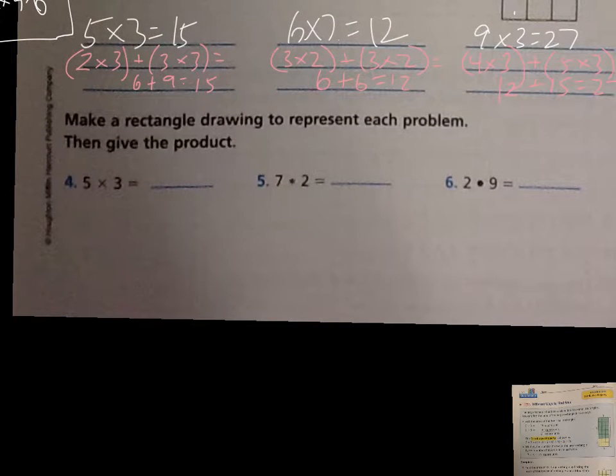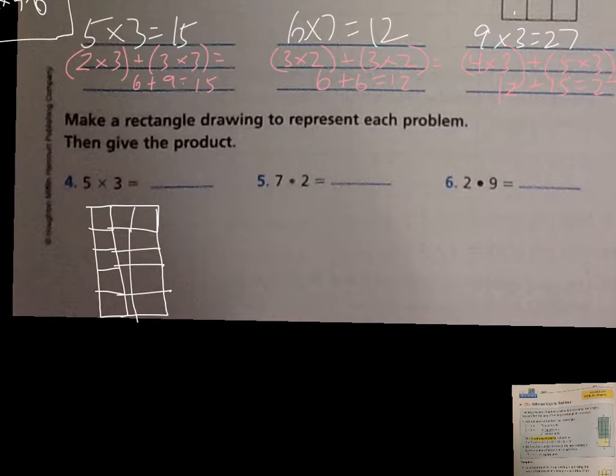Okay, this one says make a rectangle drawing to represent each, then give the product. So if I want to do 5 times 3, I would do 1, 2, 3, 4, 5, and then I would do 1, 2, 3 here, and then you have to fill it all in. It has to be 3 all the way down 5 times, or 5 all the way across 3 times.